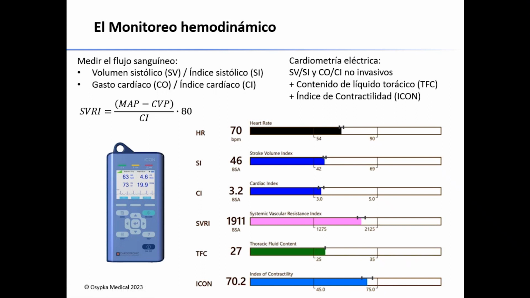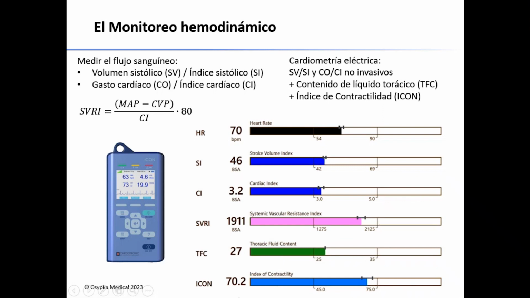Electrocardiometry adds to that the thoracic fluid content and also an index of contractility. And it is presented like this. So you have here the flow parameters, resistance, thoracic fluid content, and an index of contractility.